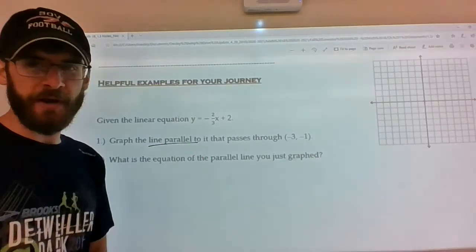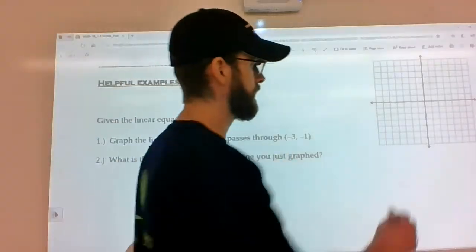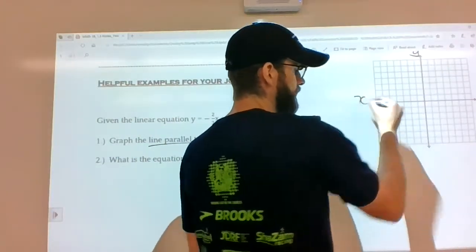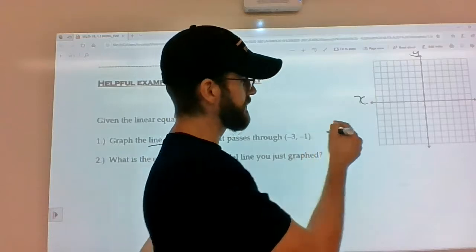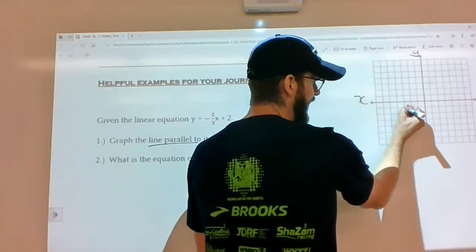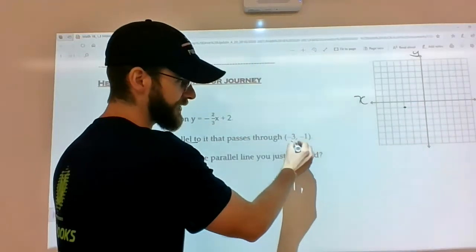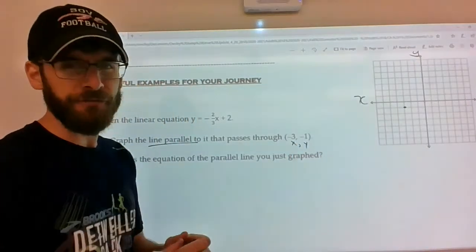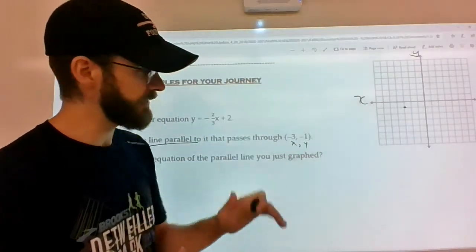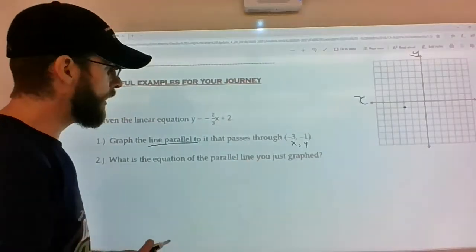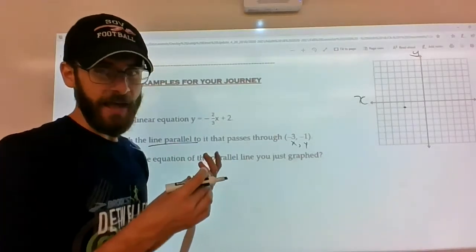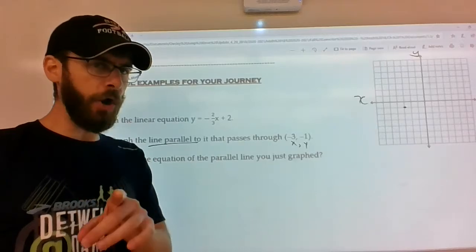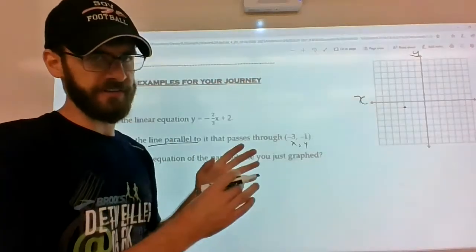Well, if we know it's parallel to it, we know that there's a point negative 3, negative 1 on that line. Which means, remember, left 3, down 1. Remember, this is an x, comma, y coordinate. Don't get it confused with slope, rise over run. It's a coordinate. All right, so we know it has to pass through that point. If we knew its slope, then we could find more points on the graph.